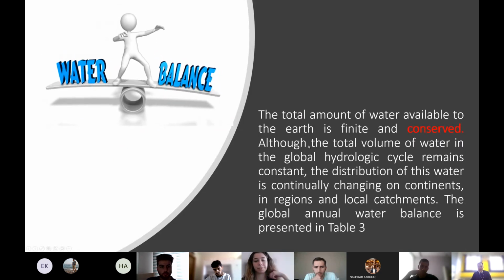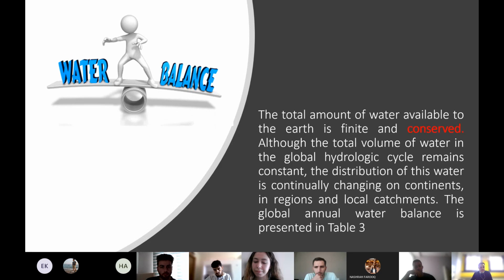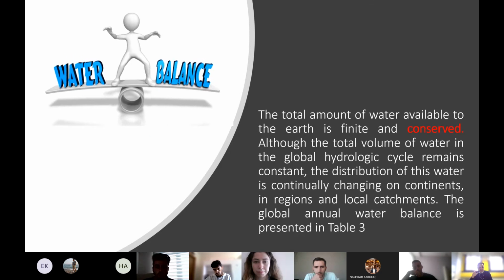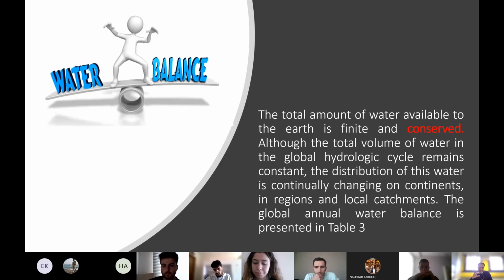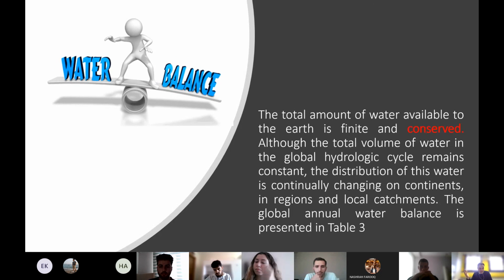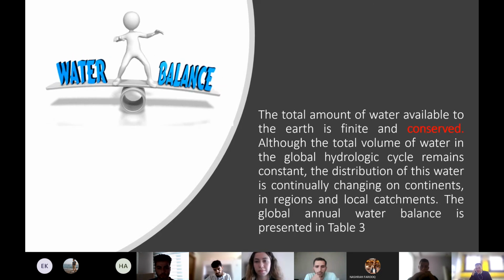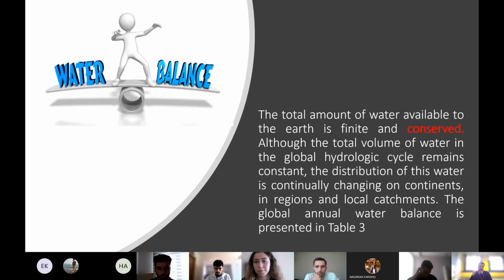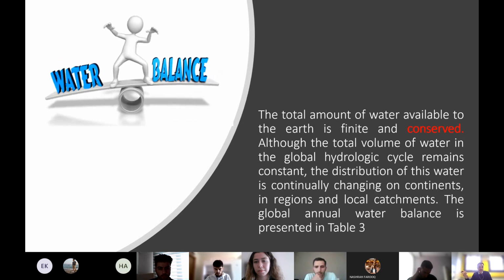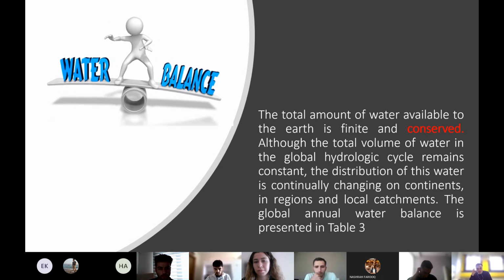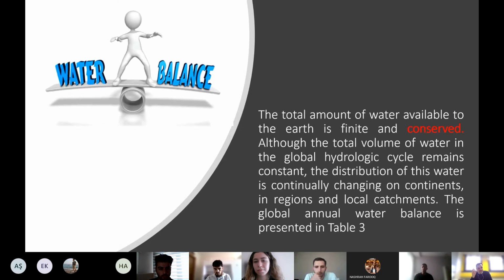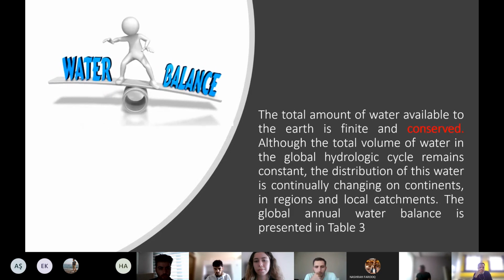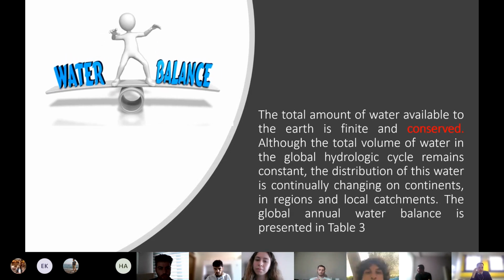So we understood that water is distributed at different reservoirs; this is called spatial distribution. For the temporal distribution, at each of these water bodies or reservoirs, water remains for a certain time and then transforms to another phase.